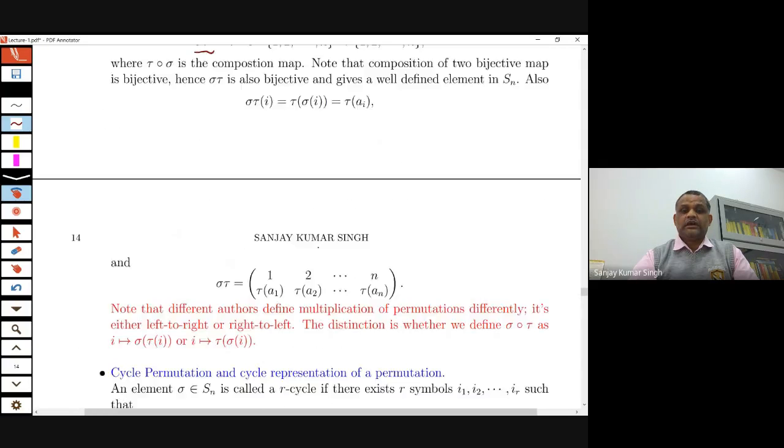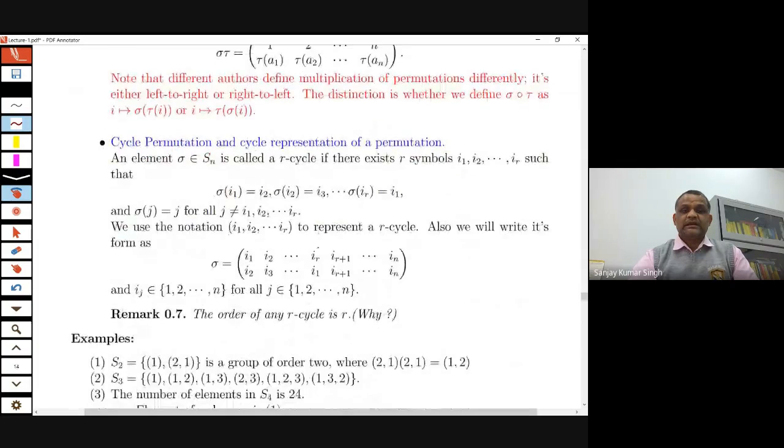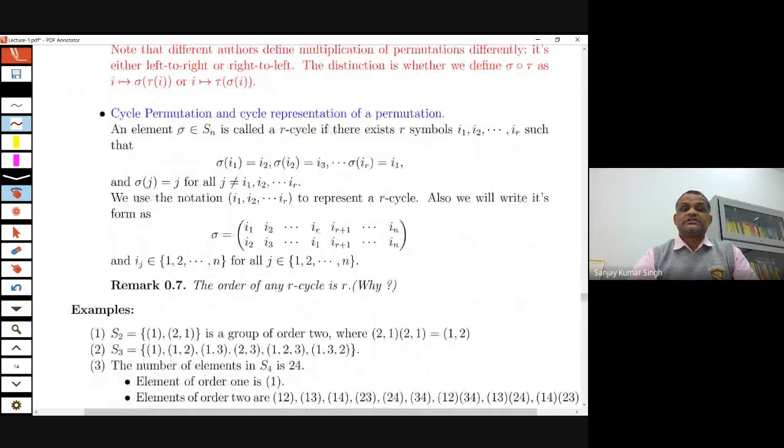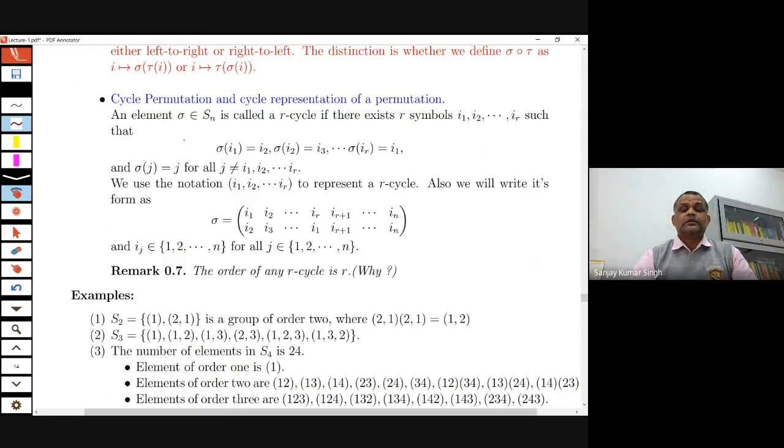And again, some more notation for what is meant by a cyclic permutation and cycle representation of a permutation. An element sigma in S_n is called an r-cycle if there exist r symbols i1, i2, ..., ir such that sigma of i1 is equal to i2, sigma of i2 is equal to i3, and sigma of ir is equal to i1.